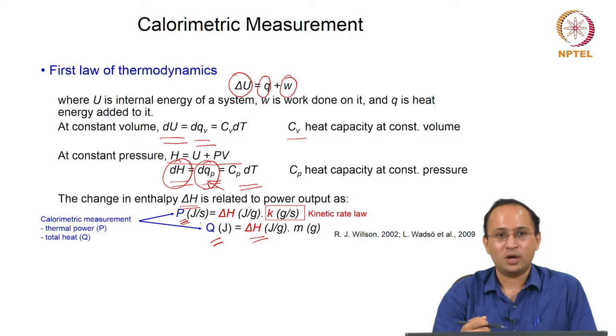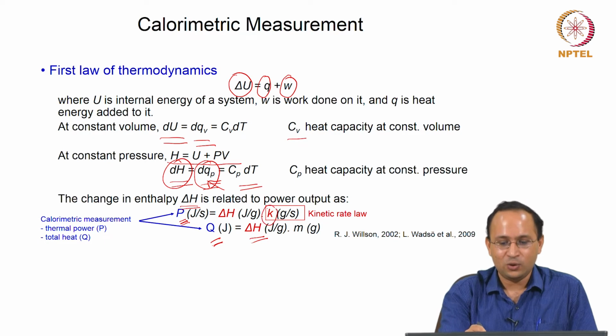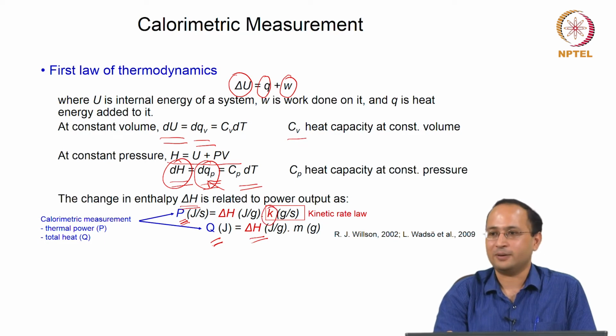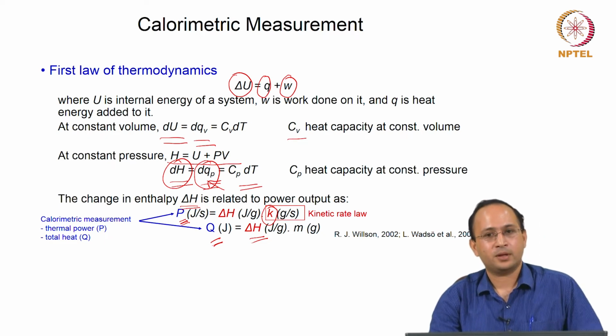Also you want to know what will happen after, suppose, 5 years or 10 years, how much material would have degraded. That you can only find out when you know this K, which tells you about the rate. So you can get to know thermodynamics and kinetics both. Clear?